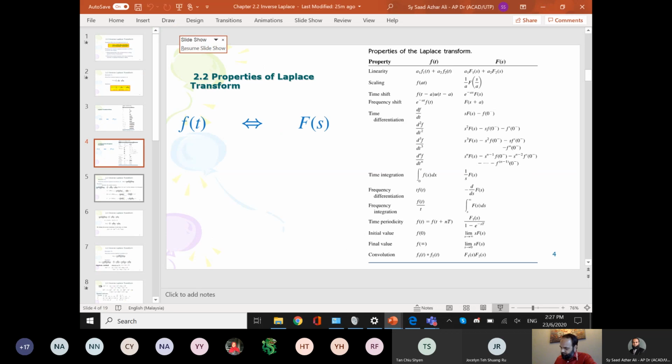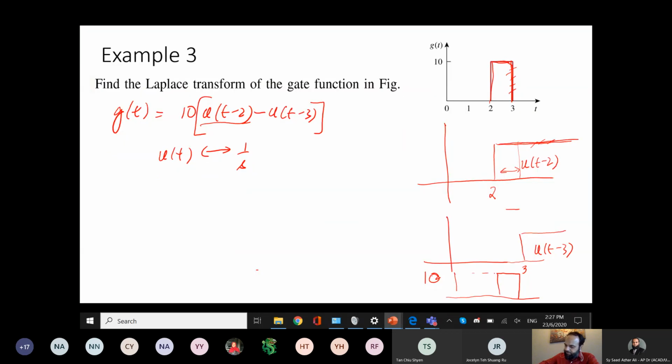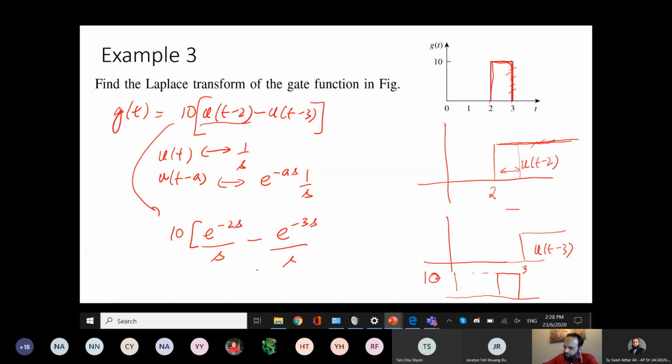So if it is u of t minus a, it will be e to the minus as upon s. So in our case, it will be 10 e to the minus 2s upon s minus e to the minus 3s upon s.